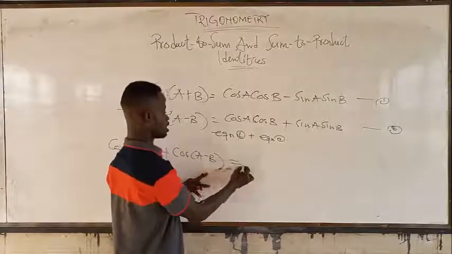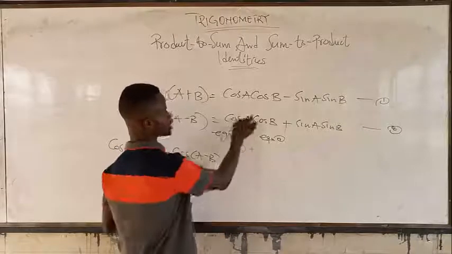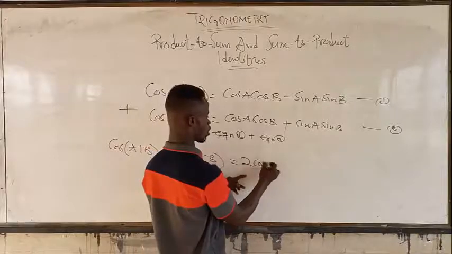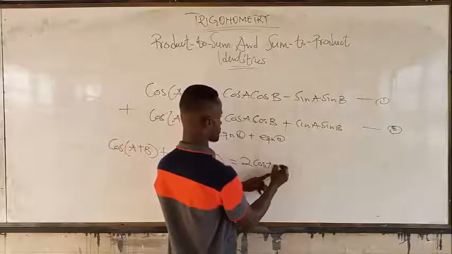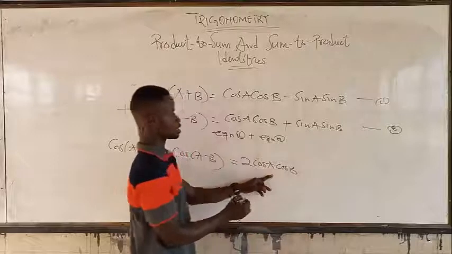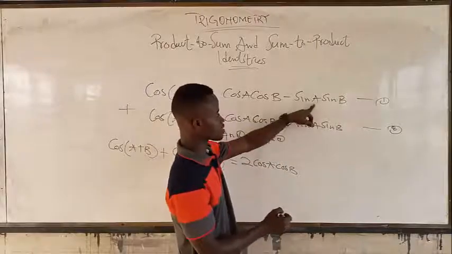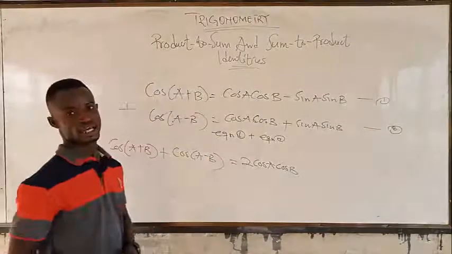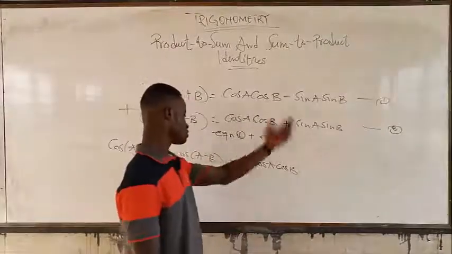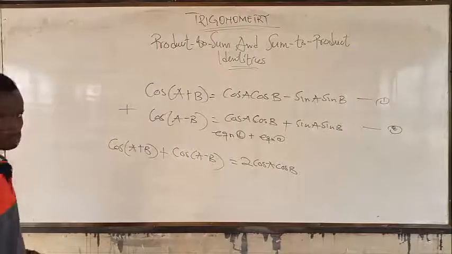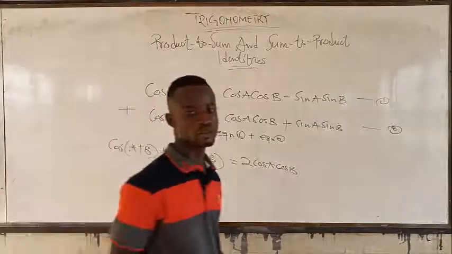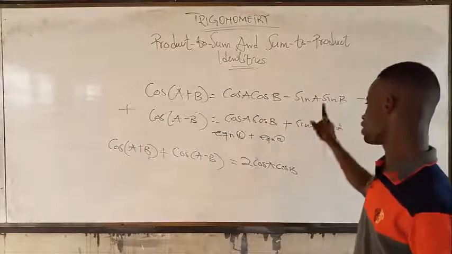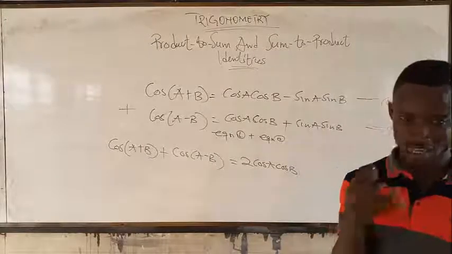Very good. And this will be equal to 2 cos A cos B, and this plus this, 0. Then we move on to make cos A cos B the subject.